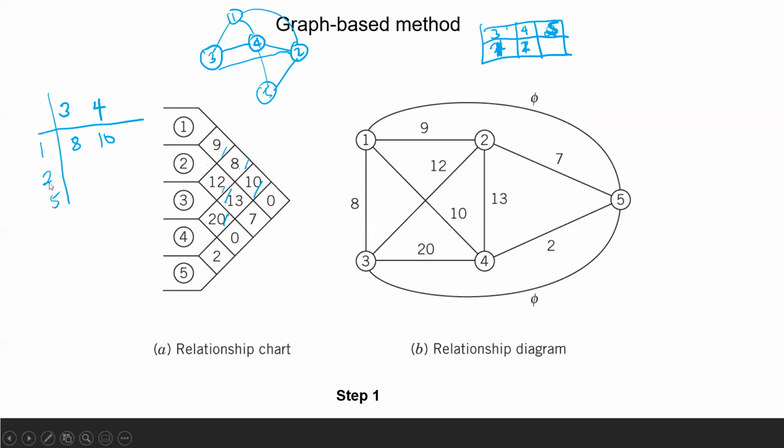And then, 2 and 3, 12. And then, 2 and 4, 13. Then, 5 and 3, that's 0. And then, 5 and 4, that's 2. After nun, isasum lang natin, 18, 25, 2. Ipipick natin yung 2. Ibig sabihin, guys, magkakatabi dapat yung 3, 4, and 2.